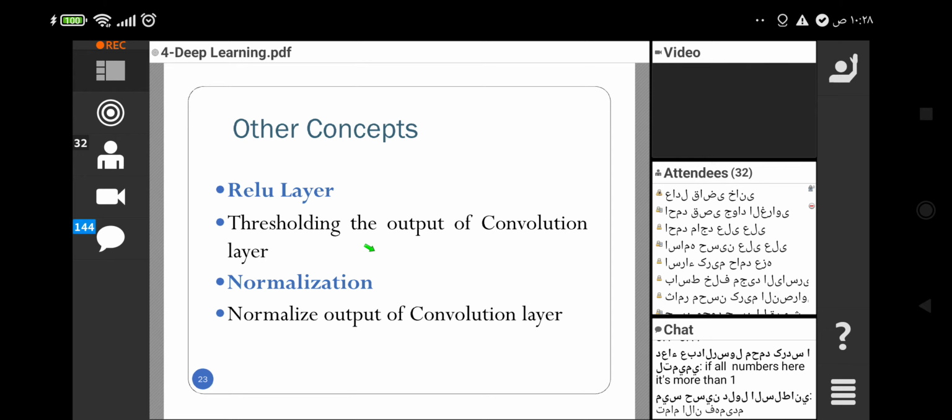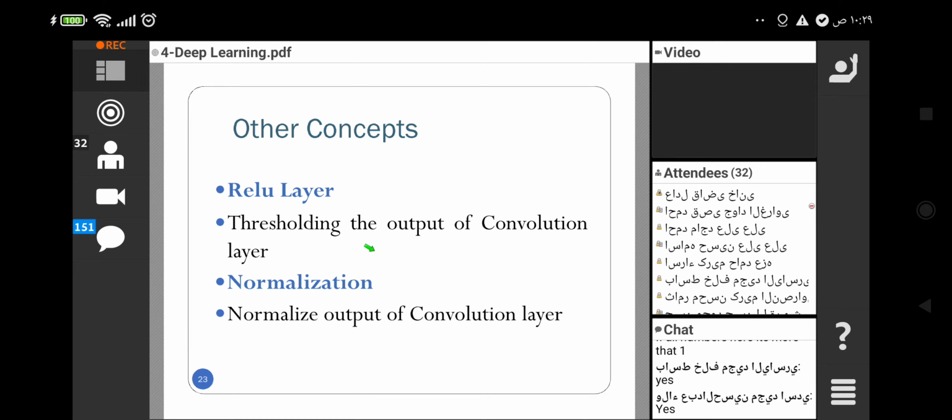In the normalization layer, we are doing an operation. We don't have weights. We don't have learning in these layers. Do you understand this? We only have learning in the convolution layer.